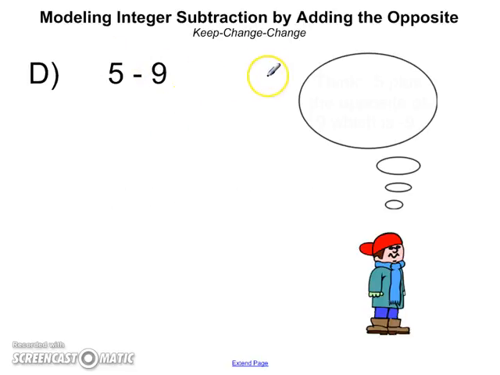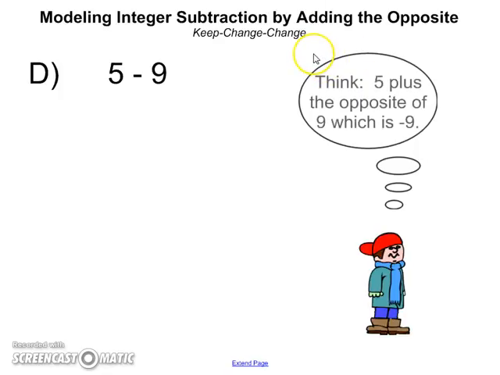So that would be the modeling of subtraction of the integers on a number line going from left to right. Now, again, I am a rule kind of a guy, and so when I look at this, I go 5 minus 9. Well, one of the ways that we can think of it is to add the opposite of. Okay, and a lot of my students in the past have clung to this idea of keep, change, change.